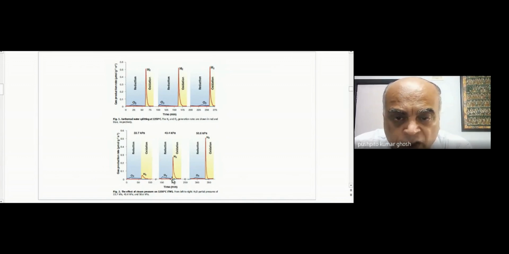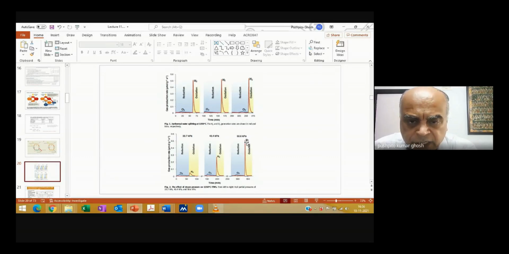So if you were to put in water, means steam, at a high pressure, then you get a very good conversion. But if the pressure of the steam is inadequate, then your conversions are very poor. Okay. So here the complexity is removing oxygen, putting water under pressure. Okay. So that versus this so-called isothermal process.